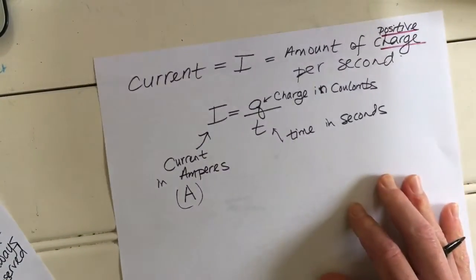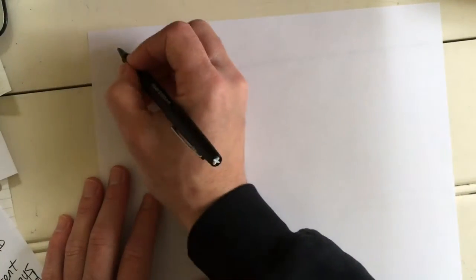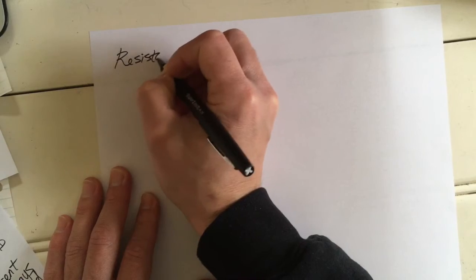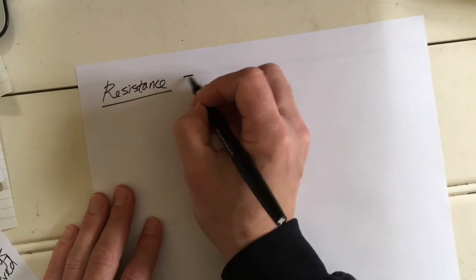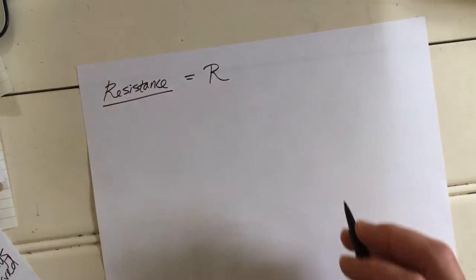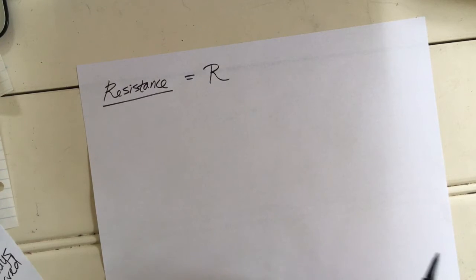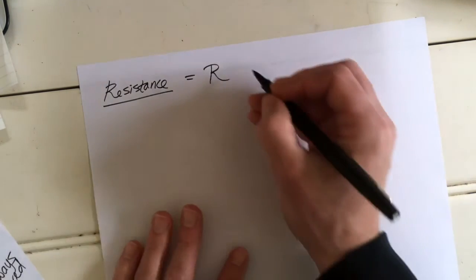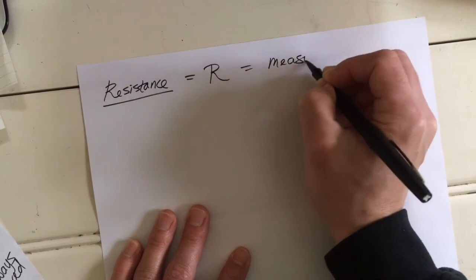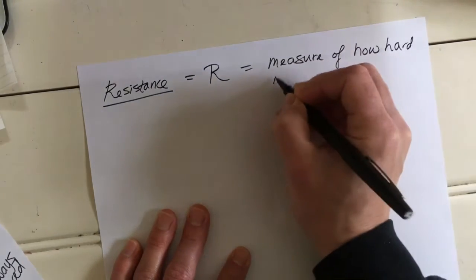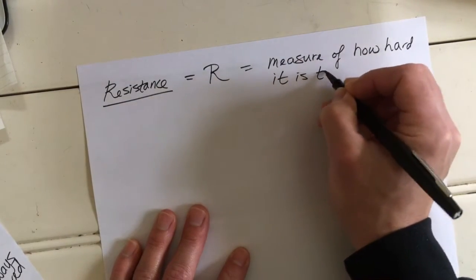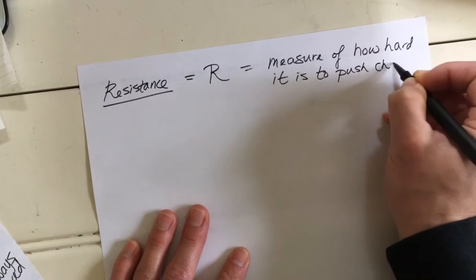Okay, so coming back then to resistance. Maybe I'll get a new piece of paper for resistance. Resistance is represented by the symbol R. And a good definition for resistance is a measure of how hard it is to push charge through the wire.